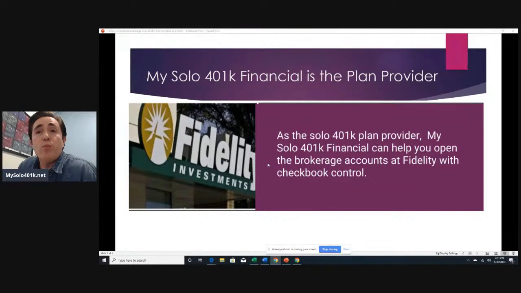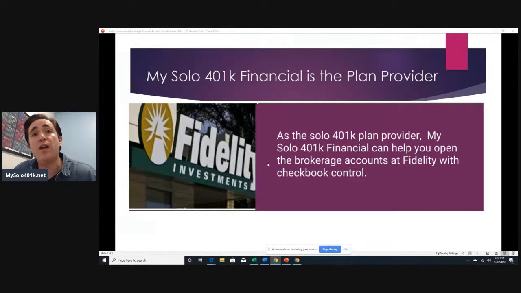So the role of my solo 401k financial is to be the plan provider. We have an IRS approved plan that's going to allow you to do what you want to do. That's really the documents, because the 401k falls under the trust umbrella, so it's those documents that create the plan. And then the role of Fidelity is to provide the account.